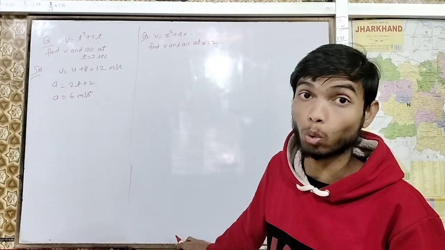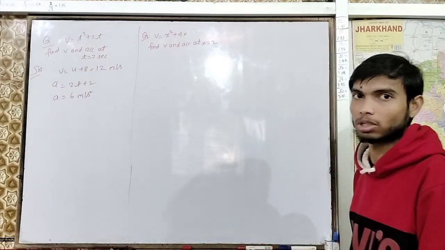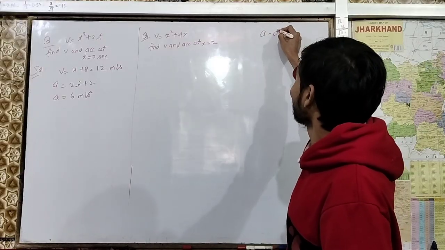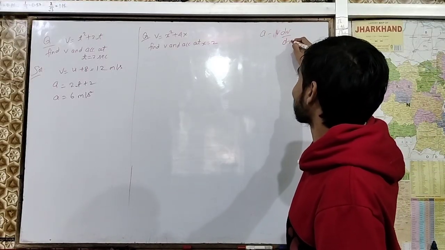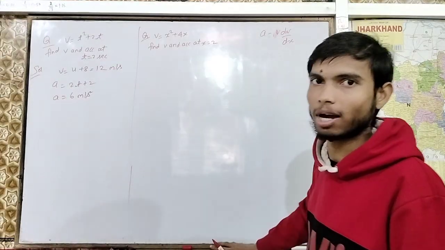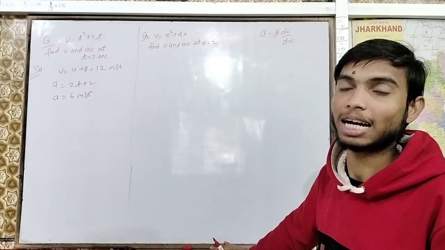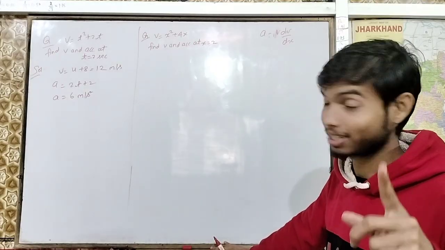How much? 2. And I told you there is a separate formula for this. A is v into dv upon dx. This formula, I'm talking about this formula, where t is not given. Now we are able to use this formula, and this type of formula is used when t is not given.